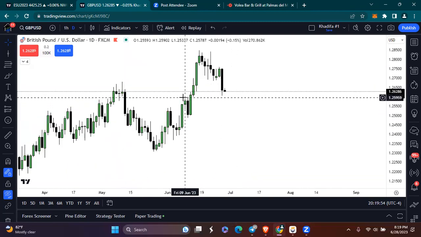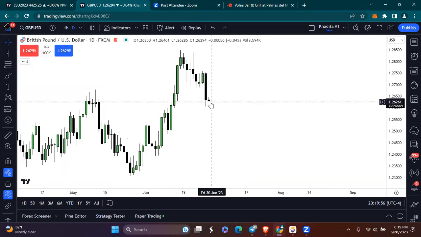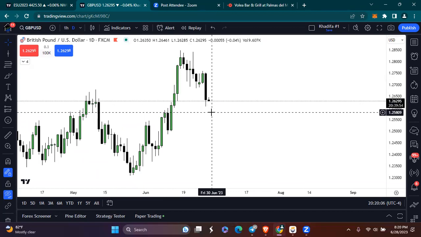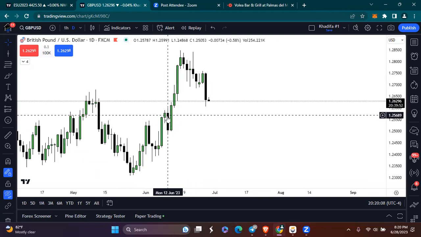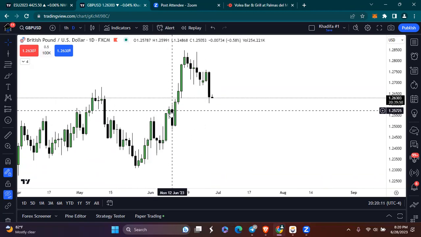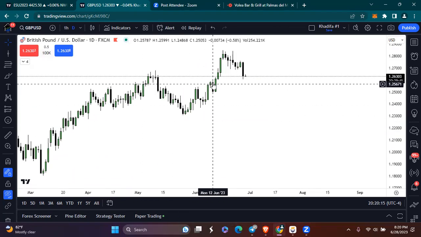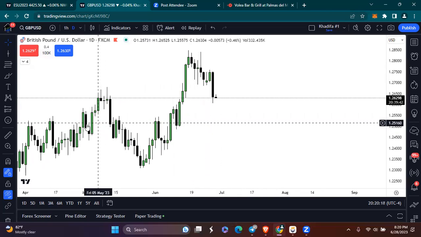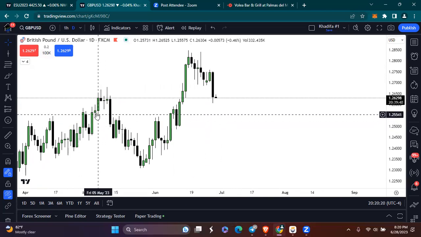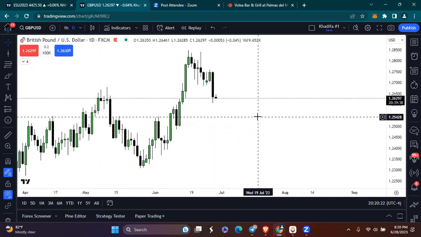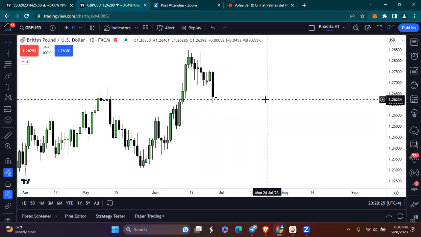That's what I'm going to be expecting anyway, especially if we see a continuation to the upside for the dollar. See a roll on down. We test this order block right here, daily order block. See what we got going on. Once we get there, see how price reacts to it. We got action right up in there too.